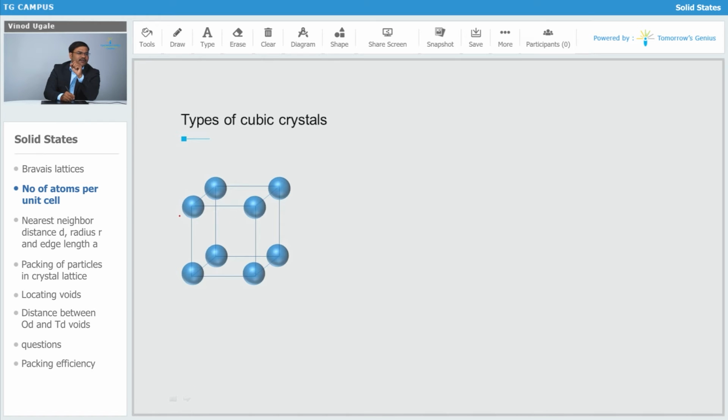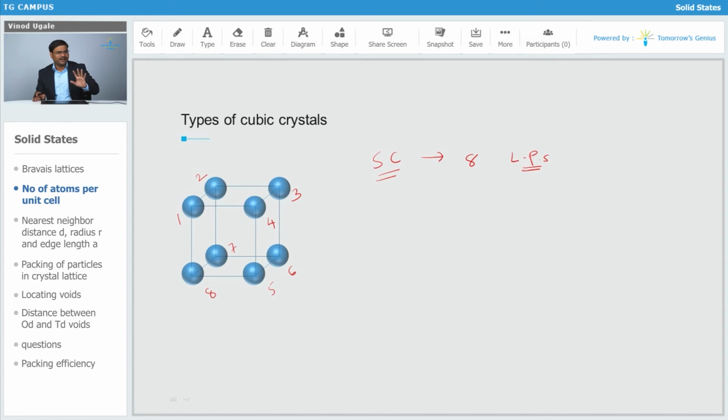This is first, this is second, third, fourth, fifth, sixth, seventh, and eighth. So in a simple cubic unit cell we have 8 lattice points in total. I am not talking here about the number of atoms, I am talking about total lattice points. Now by using this number of lattice points, we are going to determine the number of atoms in each case.